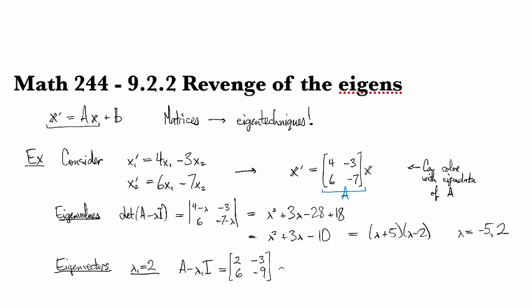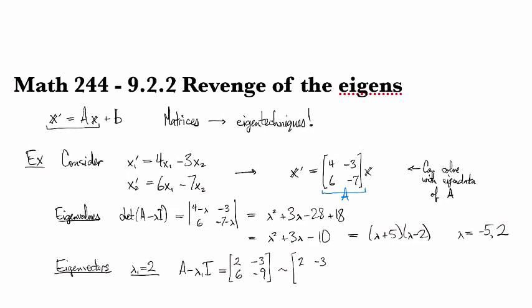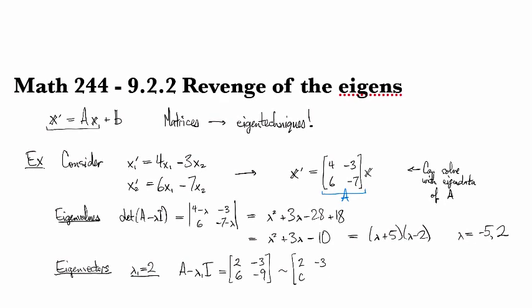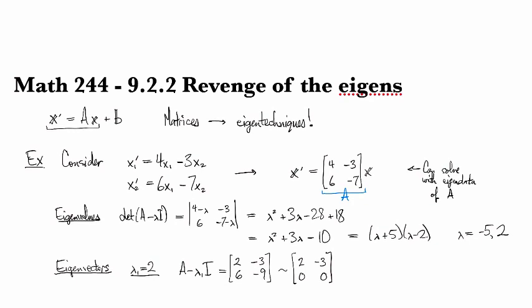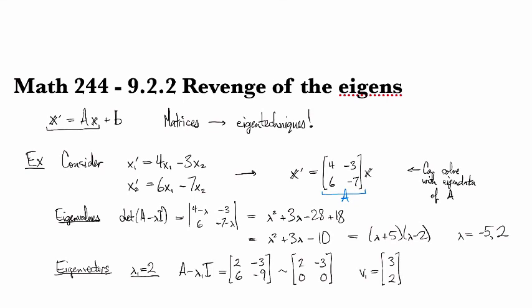And we row reduce this matrix, and we have 2, minus 3, and then if I subtract 3 copies of this row from the second row, I get my zeros. And I don't need to go all the way to reduced row echelon form to see that I can take an eigenvector 3, 2. That'll be orthogonal to the first row here, so that's good enough.